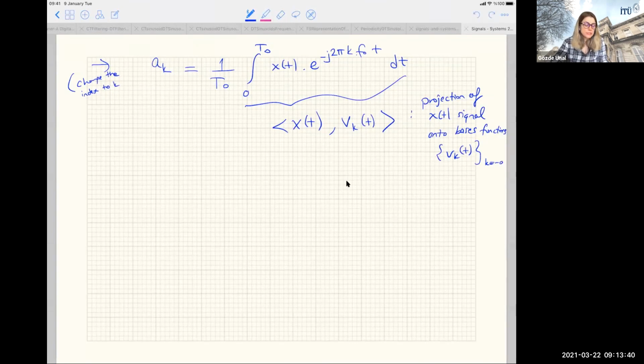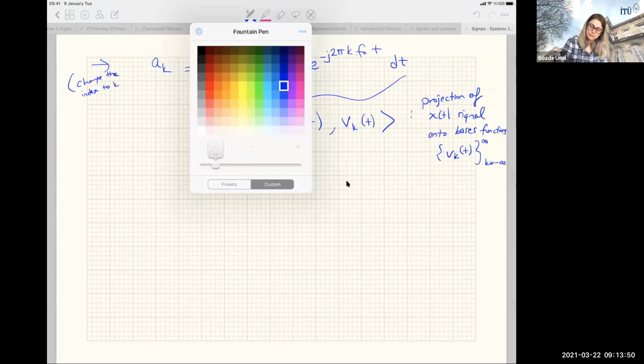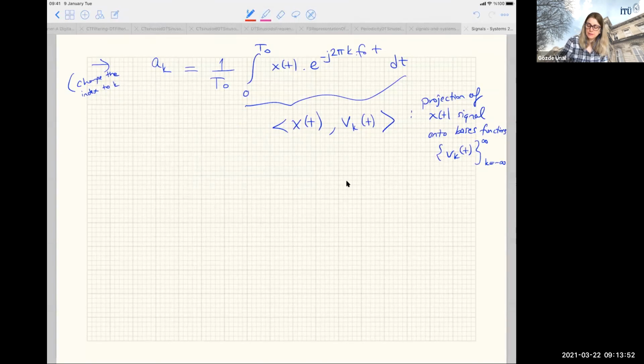Okay, so this is what we call the formula for Fourier analysis, or the formula for finding Fourier series coefficients. So this is really Fourier analysis, sometimes also called the Fourier analysis integral. Actually, it's how to calculate Fourier series coefficients equivalently.